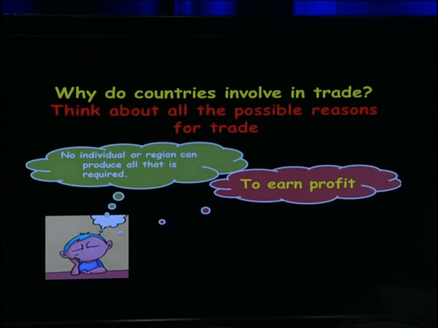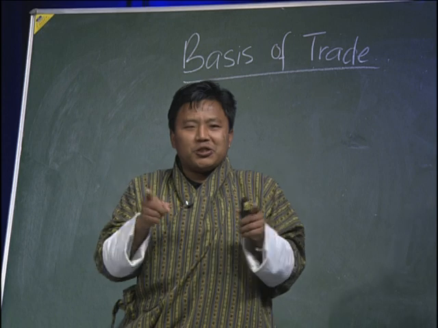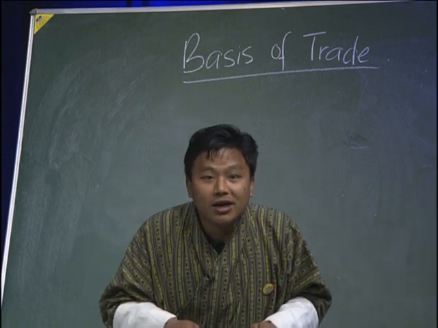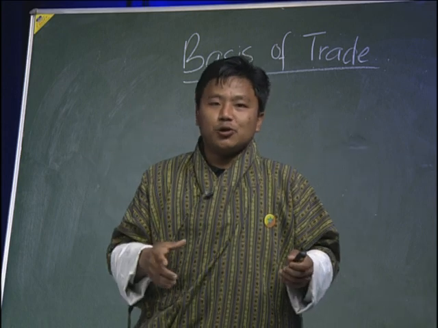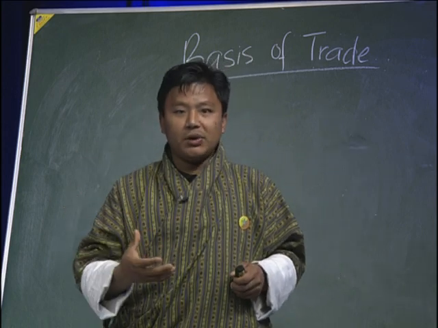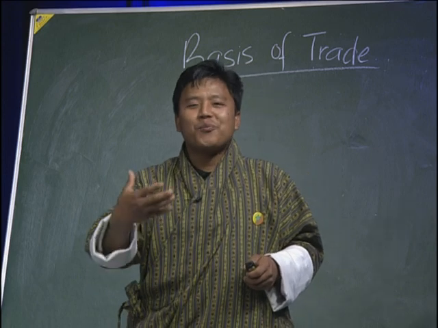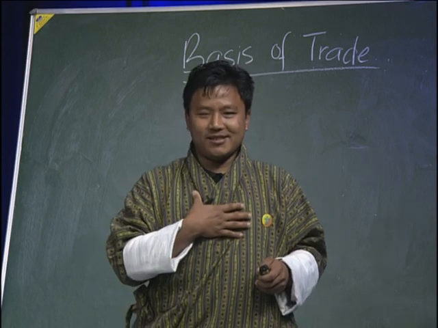When you hear the word profit, it's quite interesting, right? Because profit is a regulatory force. It's one of the motivational forces for individuals as well as for the nation. Therefore, the countries get involved in trade because they want to earn profit like us.